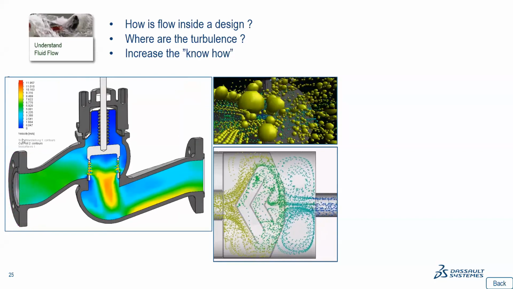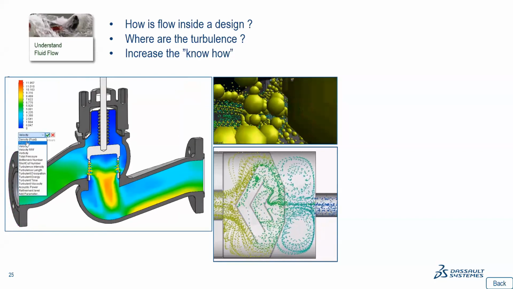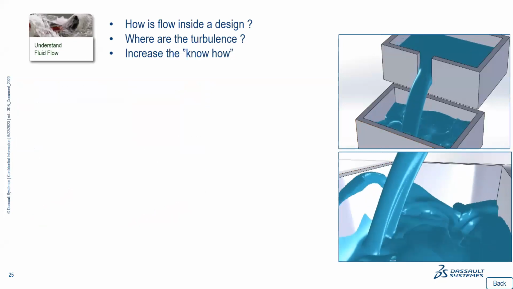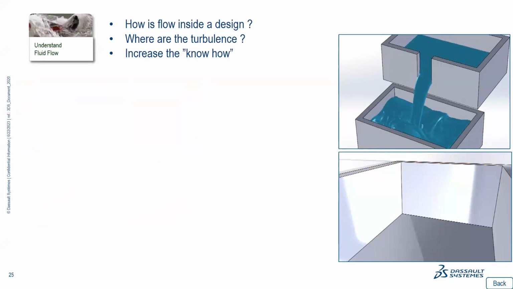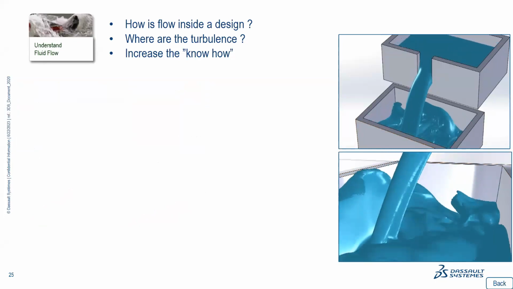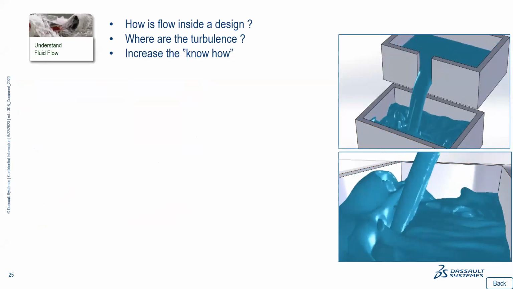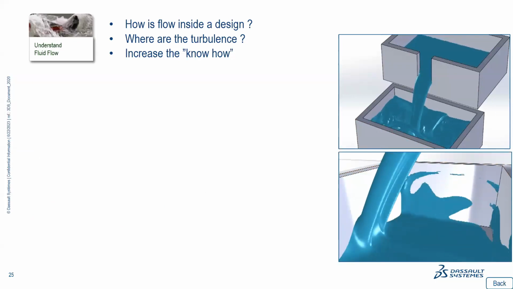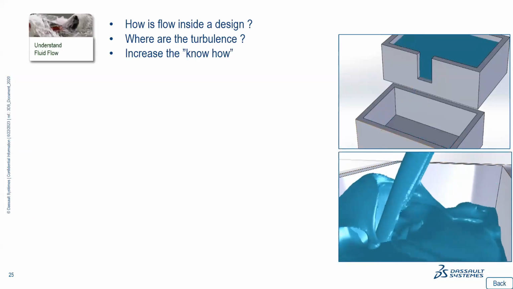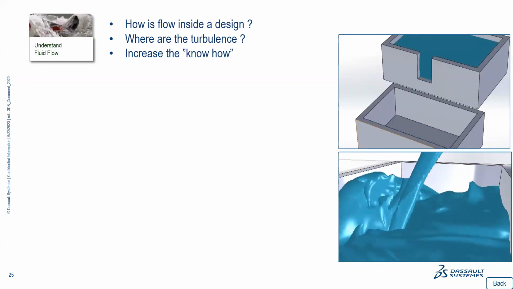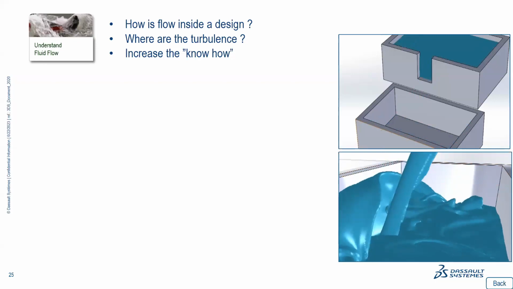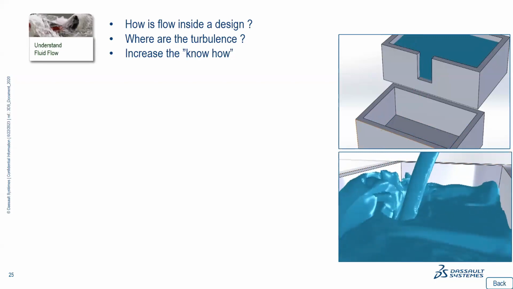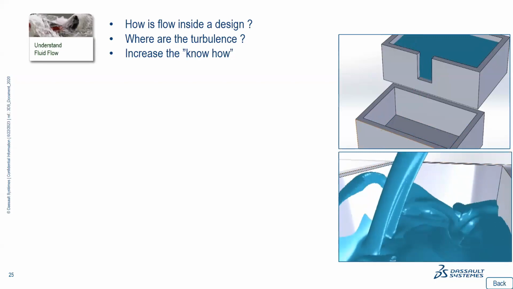When you have a design of a valve, for example, but not only for a valve, we can also do some filling example. So here it's what we call free surface analysis. It's when you have, for example, fluid and air or water and air. And the goal here is to see, is my bucket at the right direction or big enough to receive, for example, the jet.